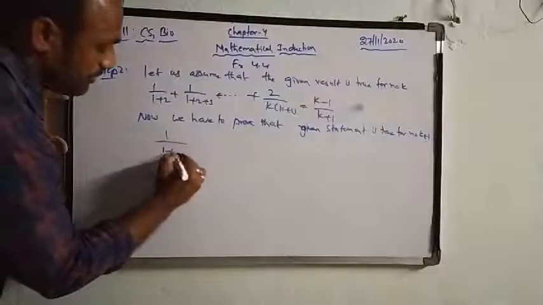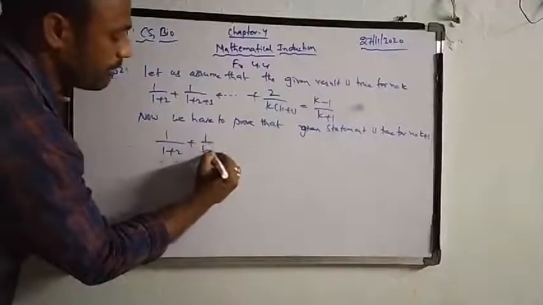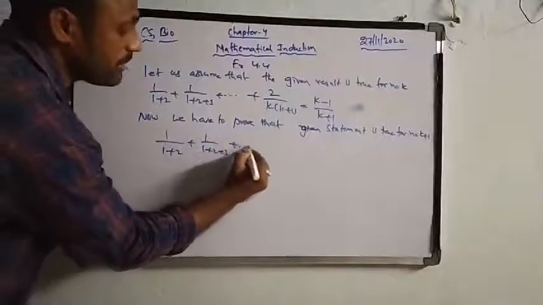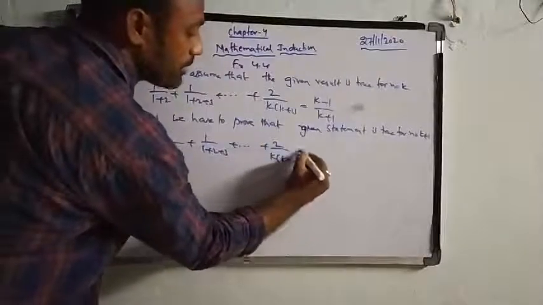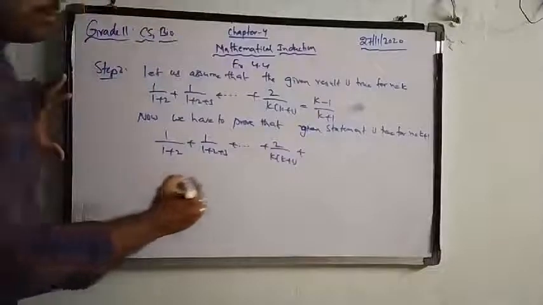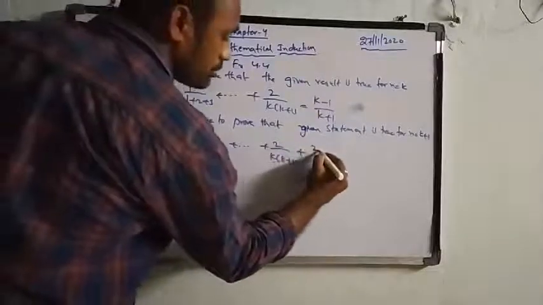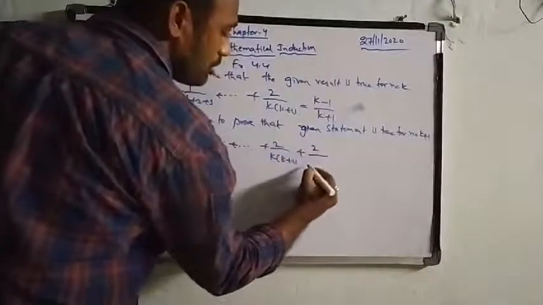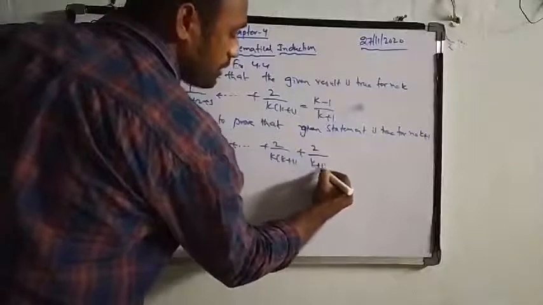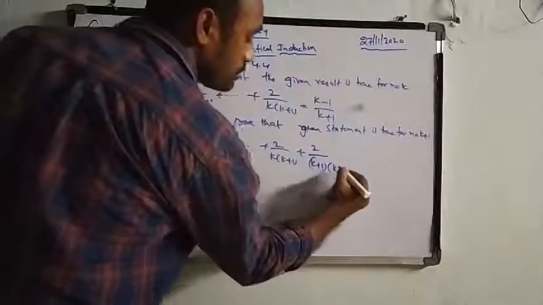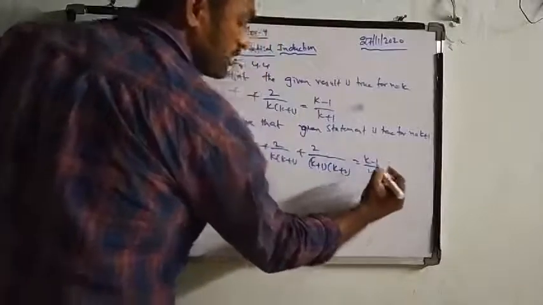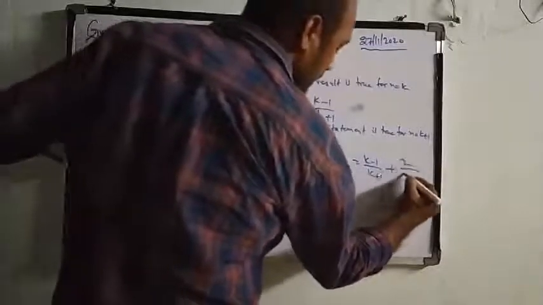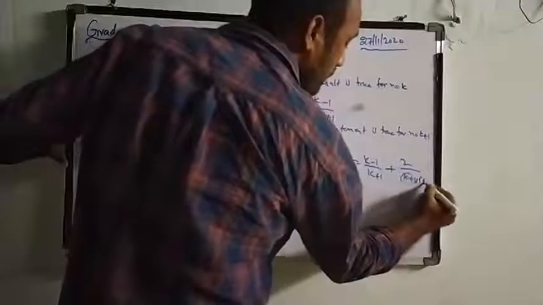It will be 1/(1+2) + ... + 2/(k(k+1)) + 2/((k+1)(k+2)) = (k−1)/(k+1) + 2/((k+1)(k+2)).